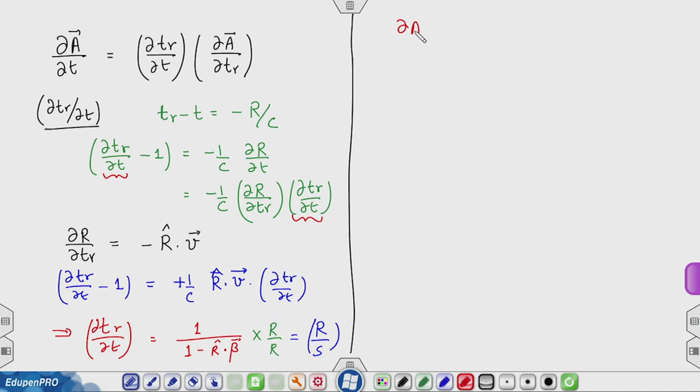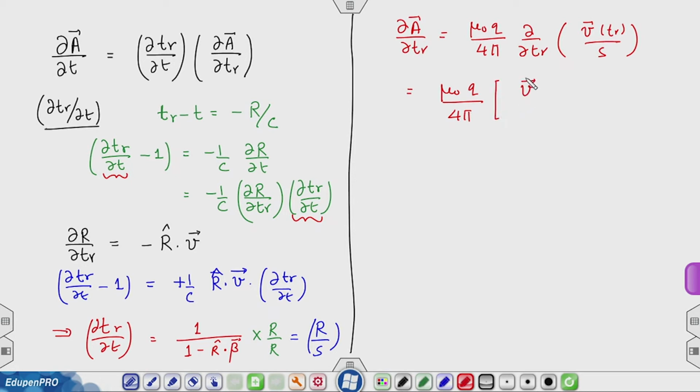The second term, partial derivative dA by dTr is equal to mu 0 q over 4 pi d by dTr of v over s, which I can write as mu 0 q over 4 pi, v dot over s minus 1 over s square v ds by dTr.